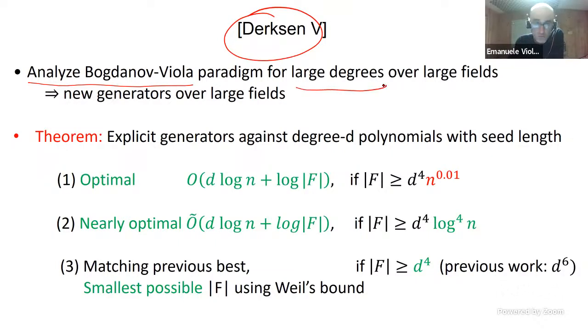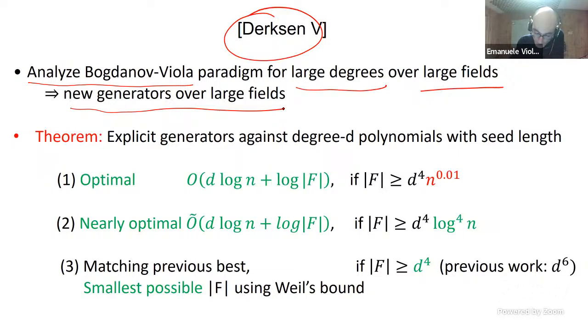This is good, it's what we want, but the catch is that we can analyze it only over large fields. We can analyze what happens when you sum generators for degree 1, even for large degrees, if the field is large enough. And using this, we can get new generators over large fields.